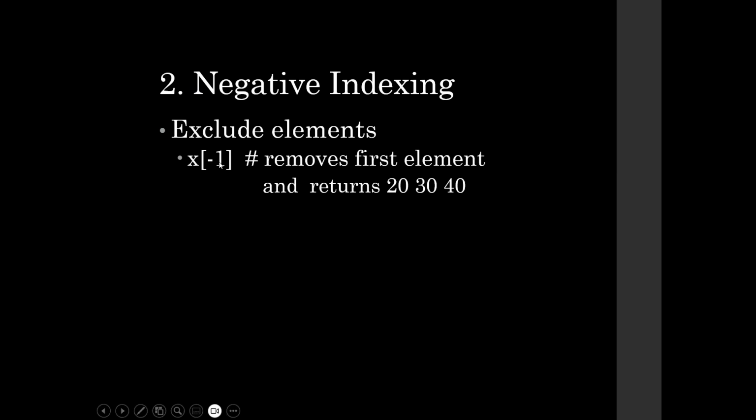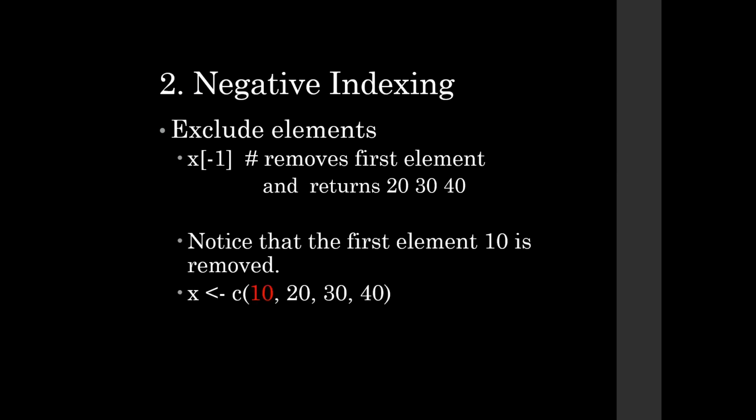So if you want to exclude the first element, then -1 will actually do the job, and the remaining values will be returned. You can notice that here the first element was 10, and it will be removed if you use x followed by square brackets, and inside the square brackets you use -1.